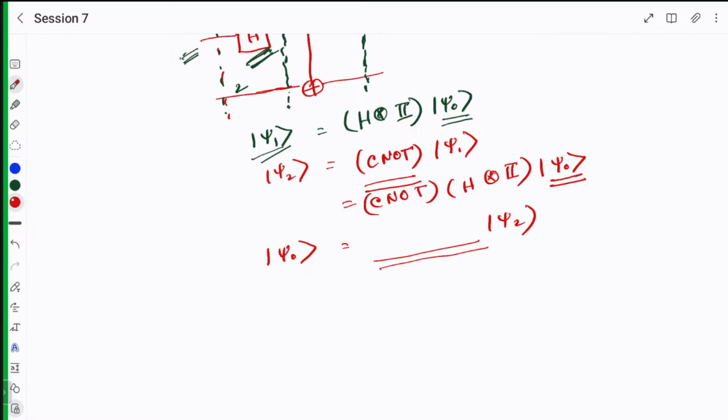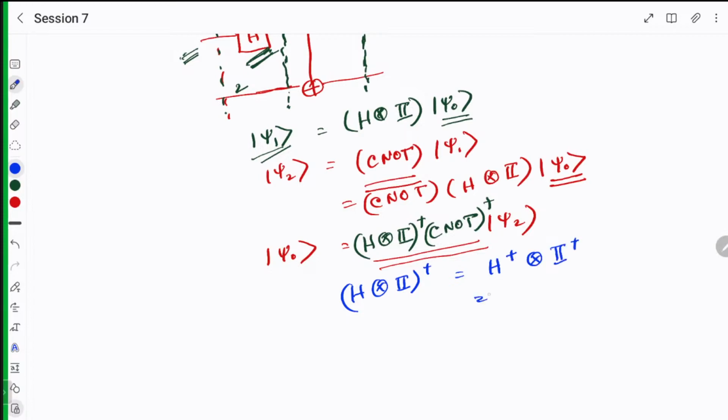Okay, I think this is also difficult to spell out in the chat, so I will show you. Remember the order will get interchanged. Now we have already seen that for H tensor I dagger, you can simply put the dagger inside.